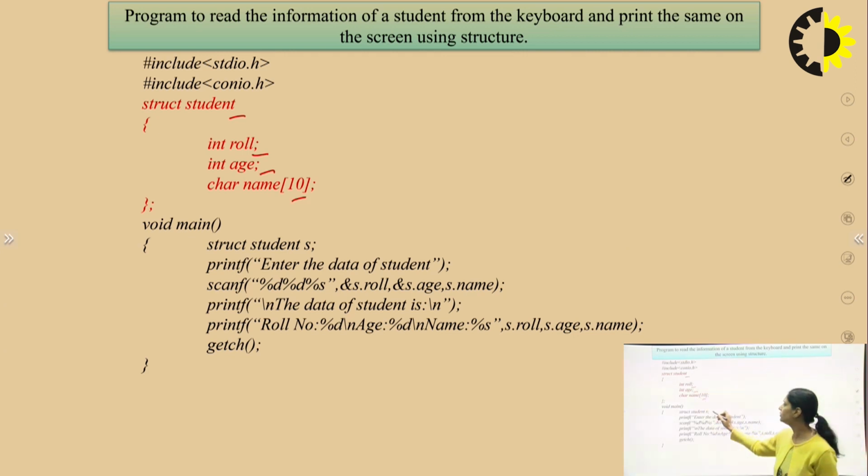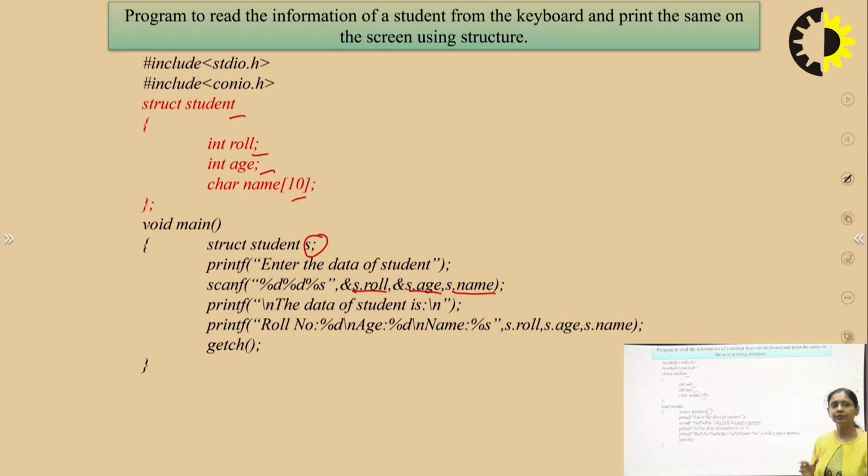In the main function we have one student named S. Now when we are inputting the data from the user, we'll input it again using the dot operator as s.roll, s.age and s.name.